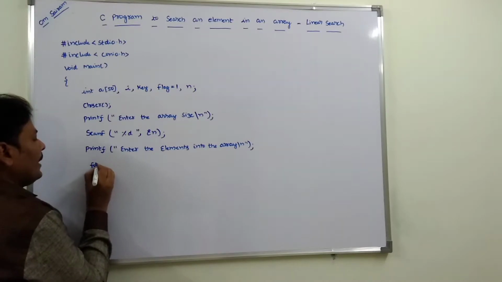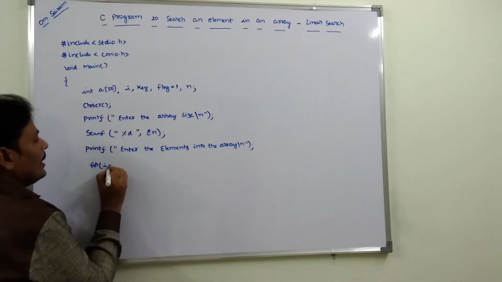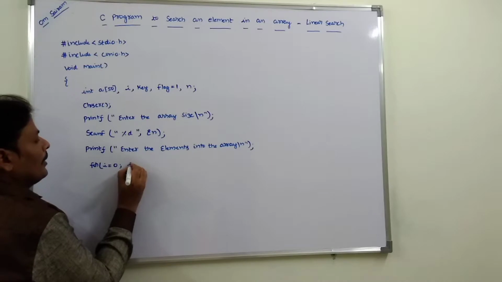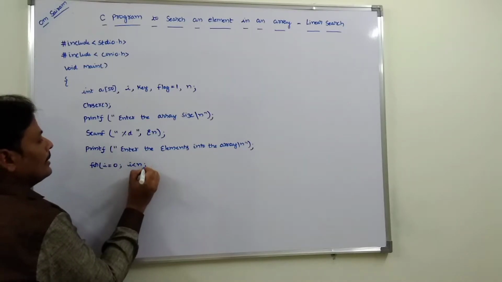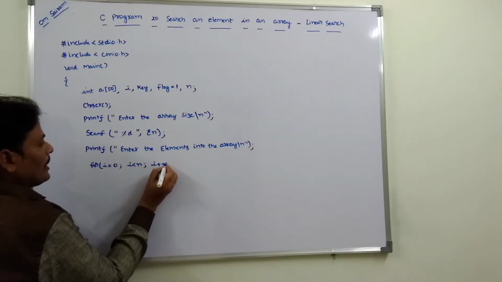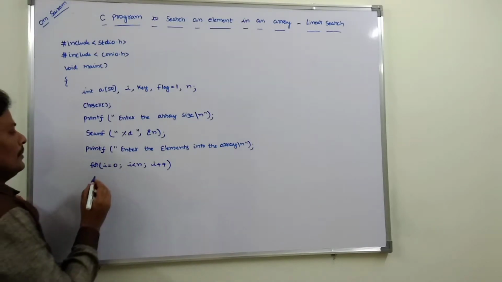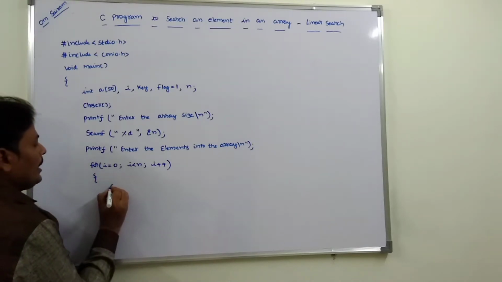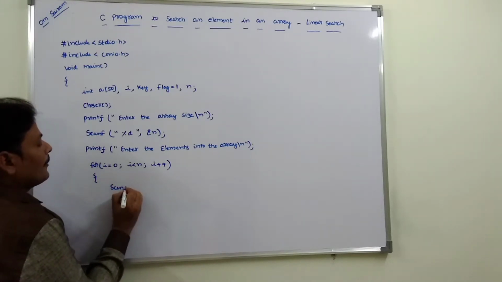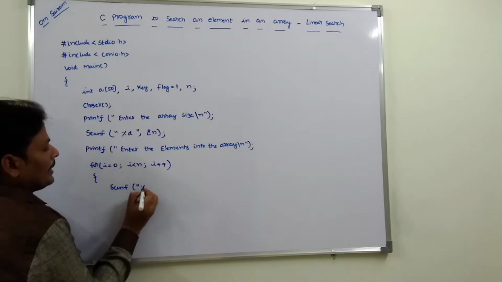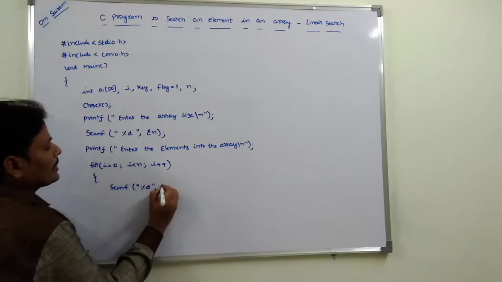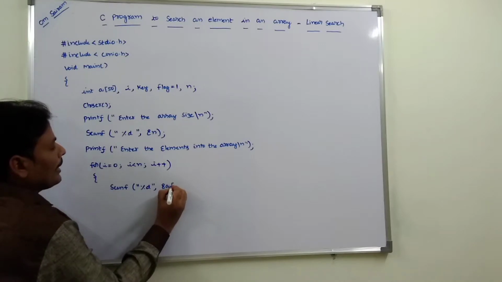So for I is equal to 0, I less than n, I plus plus, scanf, "%d", ampersand a of I.